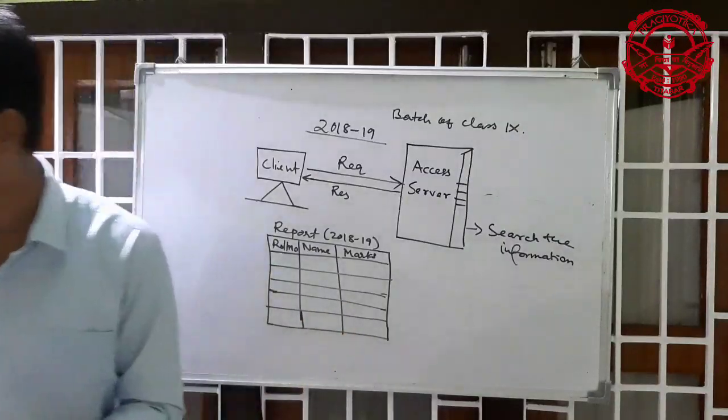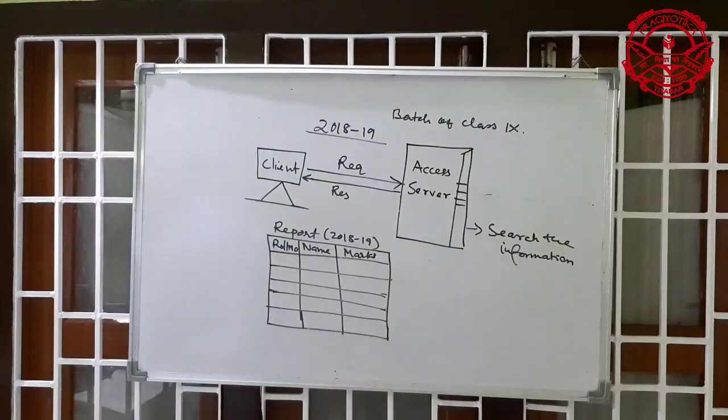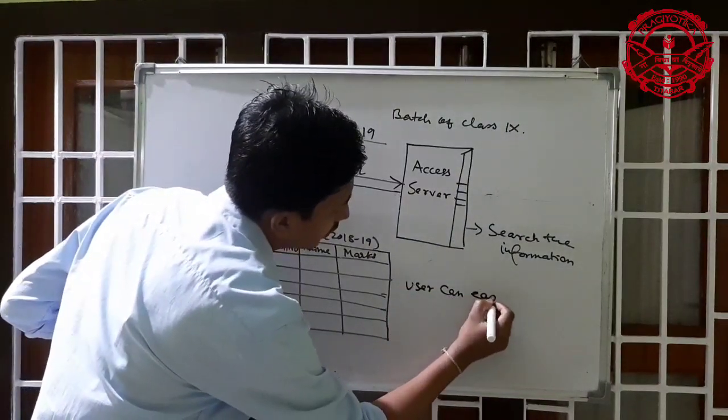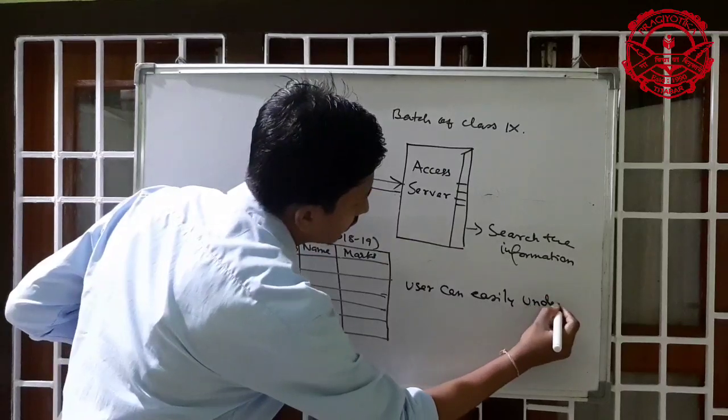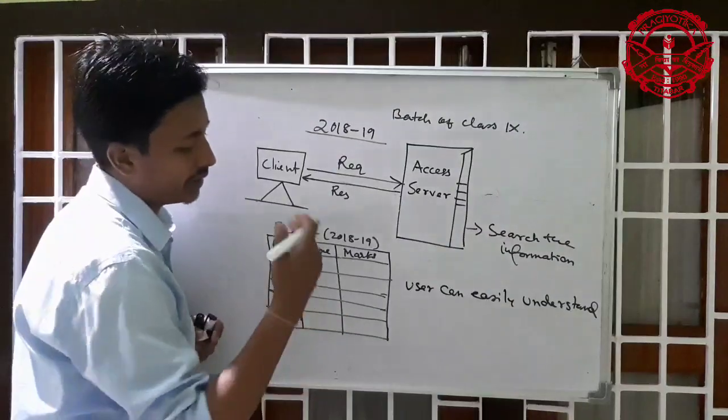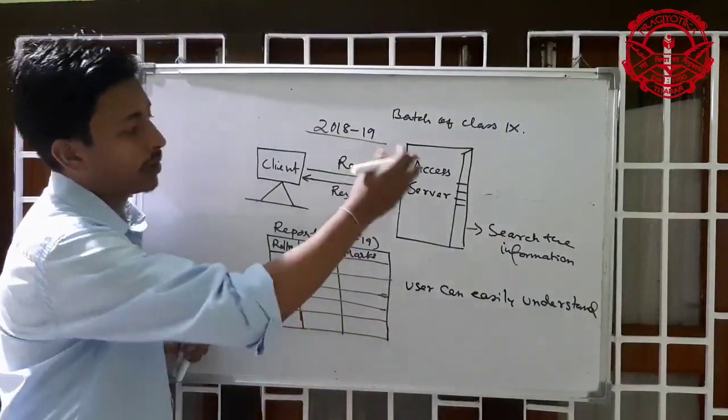So that's why in the book you can see, this enables others to understand the data and facilitate decision making. The user can easily understand these reports, because it is the easiest way to represent data from the server.